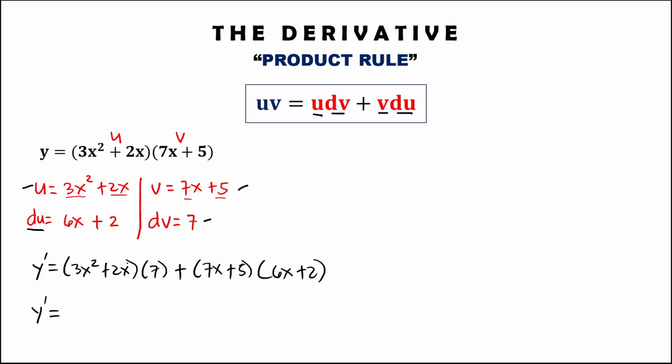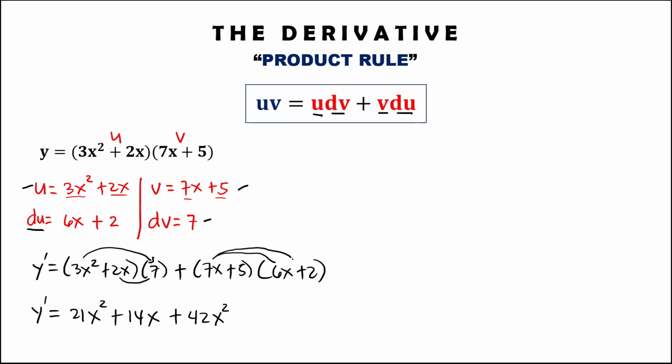Then simplify. 3x squared times 7 is 21x to the power 2. Then 2x times 7 is 14x. Then plus, 7x times 6x is 42x to the power 2.